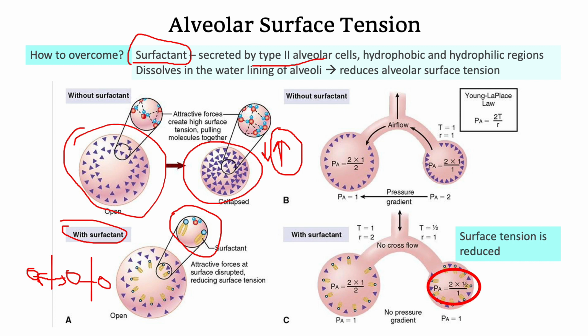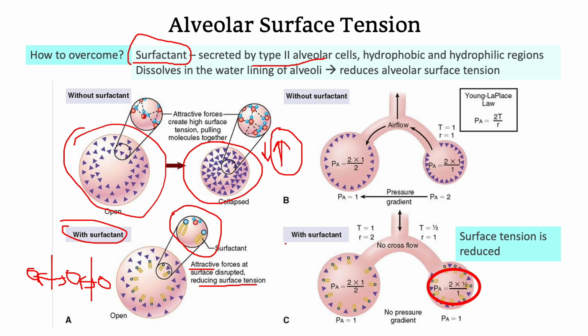When we break the bond, the water molecules cannot pull each other. So the attractive forces are disrupted, and we are actually reducing the surface tension. When we reduce the surface tension, the diameter of the alveoli will not become small.